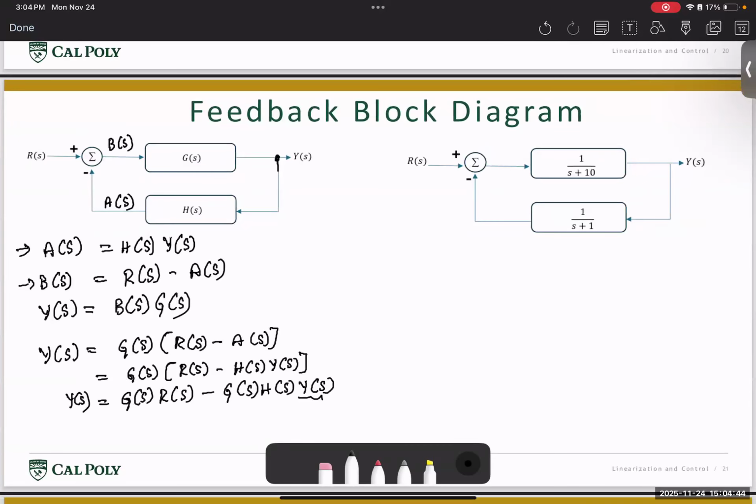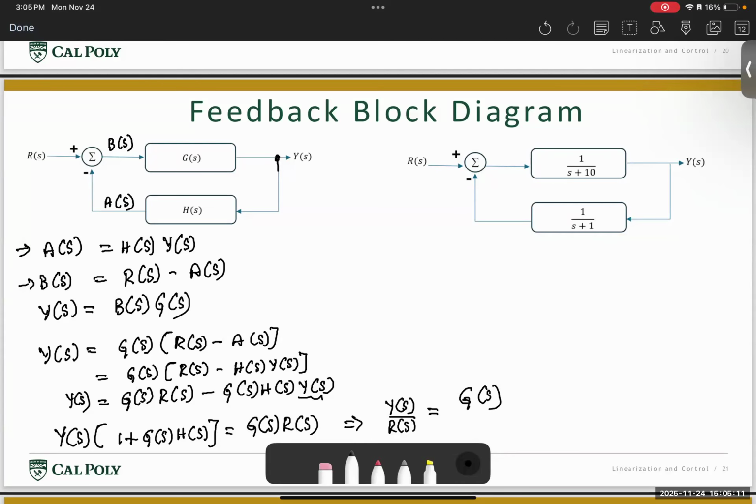Rearranging this equation, I end up getting Y of S times 1 plus G of S H of S is equal to G of S R of S. Or rewriting this equation, I get Y of S by R of S is nothing but G of S divided by 1 plus H of S G of S. Or the transfer function for a feedback block that looks as shown here is given by the gain G in the numerator divided by 1 plus gain G times the gain H. All right.